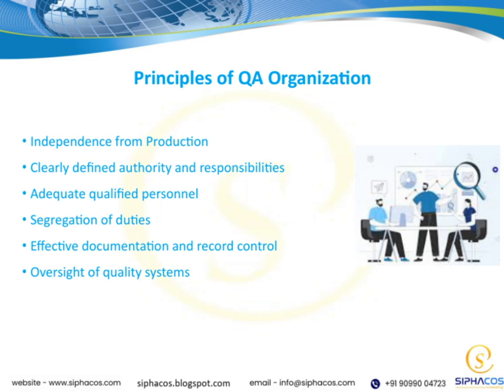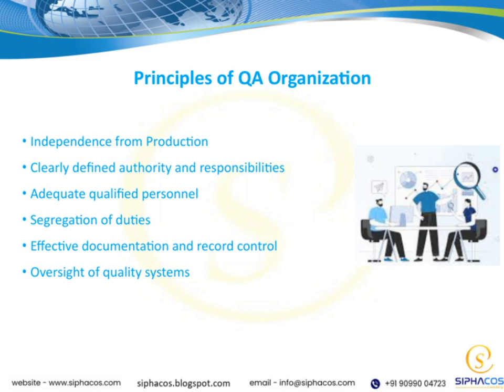When everyone knows their specific roles and what decisions they can make, the process runs more smoothly and accountability is maintained. Having adequate qualified personnel is also key. We need skilled professionals who are well-trained and capable of carrying out their duties effectively, which directly impacts the quality of our products. Segregation of duties is another important aspect.